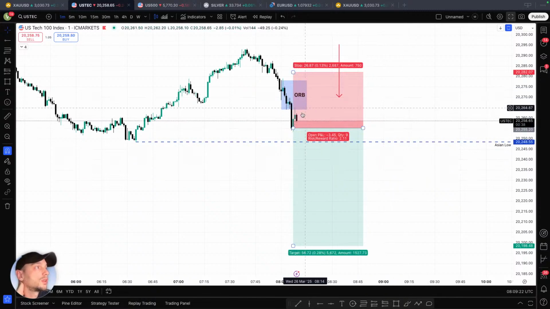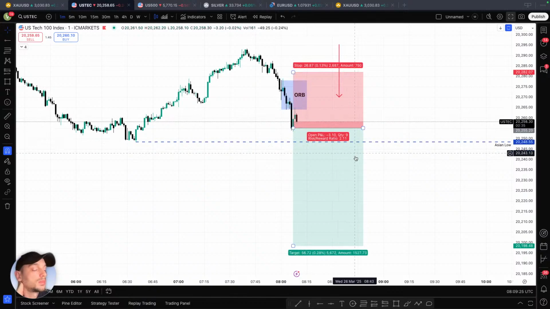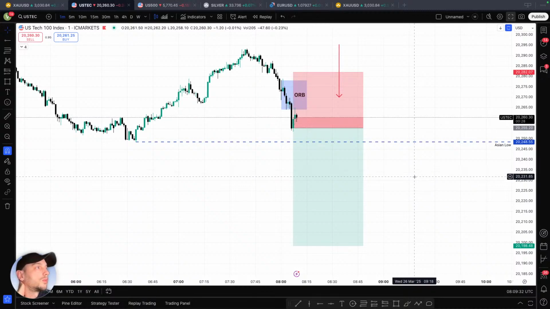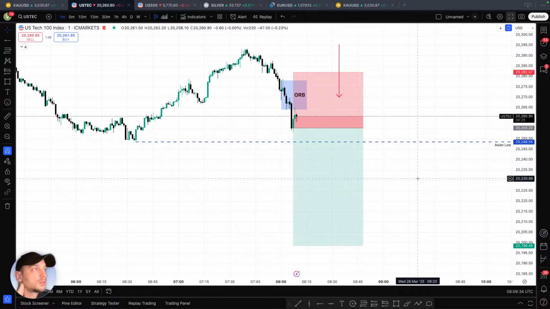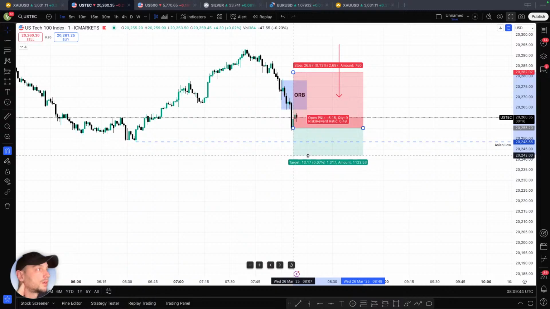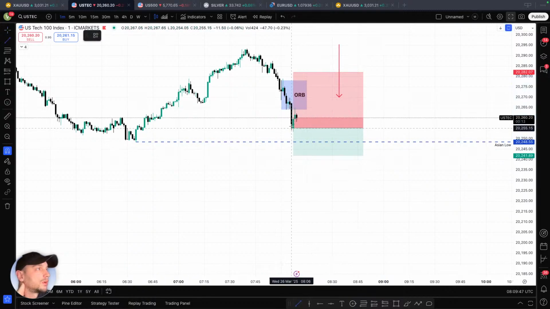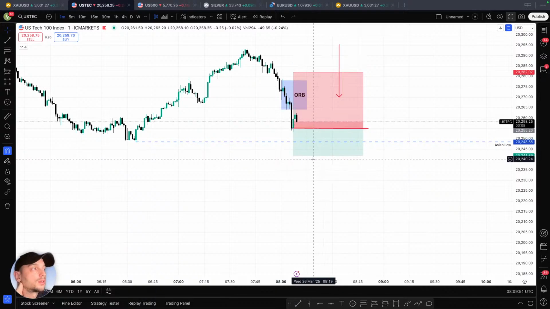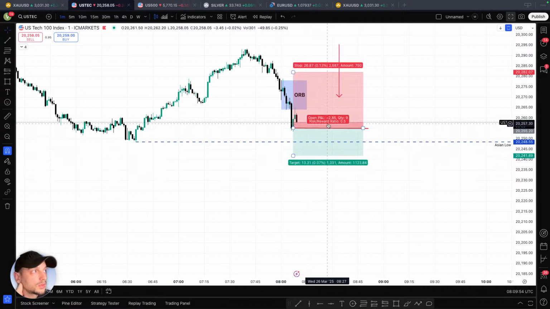This retrace was pretty normal. This is another way you can enter. You can enter at the retest of the ORB, but this is riskier because the price sometimes doesn't return. I backtested this, and in most cases it doesn't return, and in the cases that it returns, it goes all the way to the other side. So in my backtests, I tested what happens if we made 0.5R and we move our stop loss to break even, and this works in your favor because if it hits your stop loss, we get more losses.